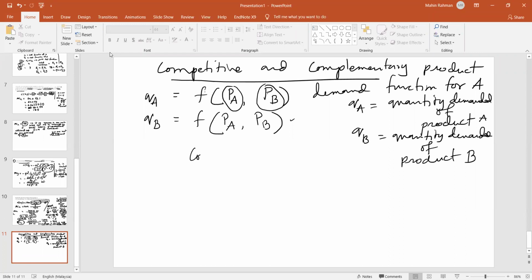For example, coffee and tea. If the price of coffee goes up, what happens to the quantity of tea? If you find that coffee is expensive, now you will drink more tea. So the demand for tea will increase because coffee is expensive now.